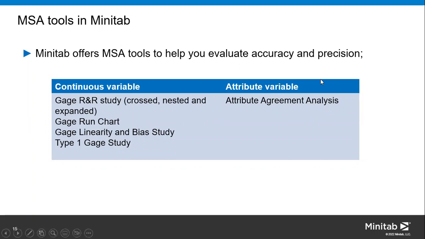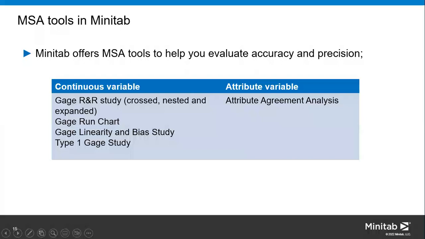So we have continuous variables and attribute variables. That means if your measurement is not numeric but text, you still use MSA, but with a different tool that we call the attribute agreement analysis.